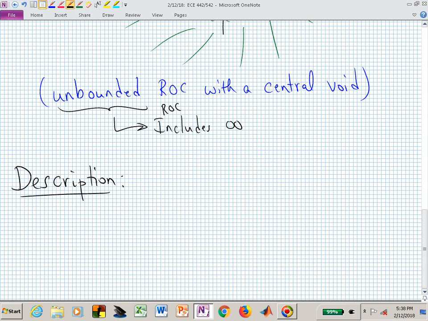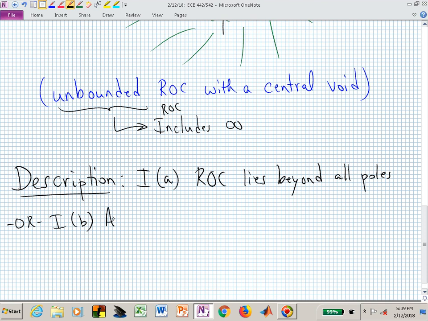I may have two different ways, and so I'm saying pattern 1, phrase A: the region of convergence lies beyond all poles, or pattern 1, phrase B, and these are supposed to be equivalent descriptors: all poles are interior to the region of convergence.